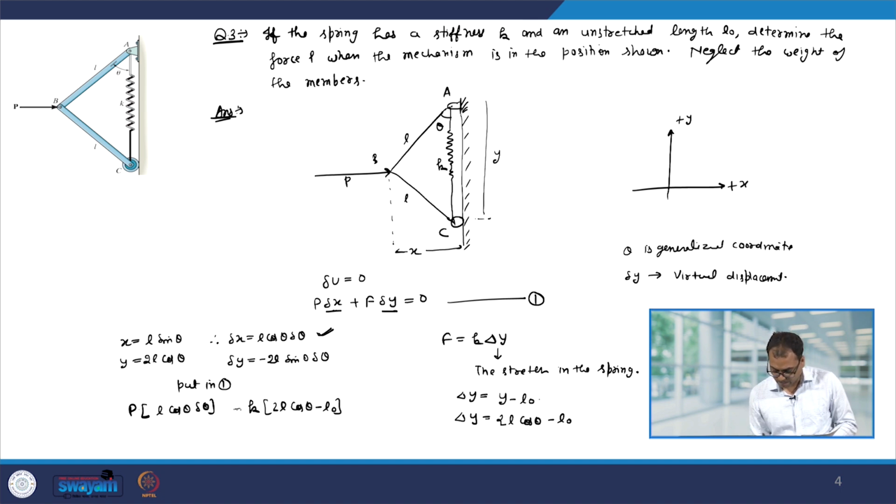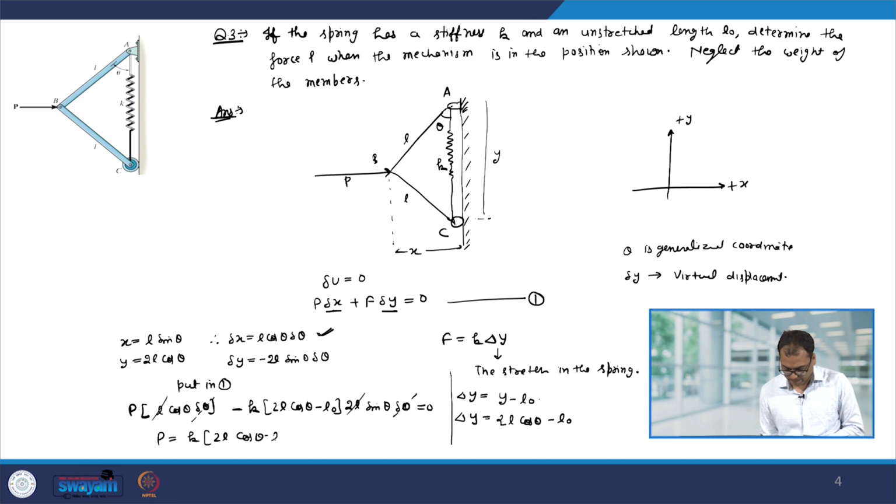Delta y is minus 2L sin theta delta theta, and this will be equal to 0. From here delta theta can get cancelled, L can also get cancelled, and we have P equal to K times (2L cos theta minus L naught) tan theta. This is the relation between P and K for the system to be in equilibrium at angle theta.